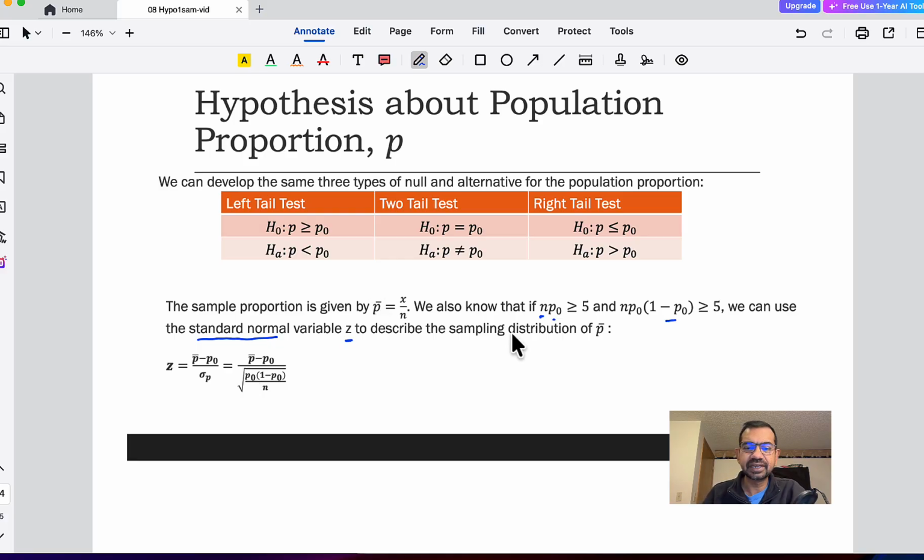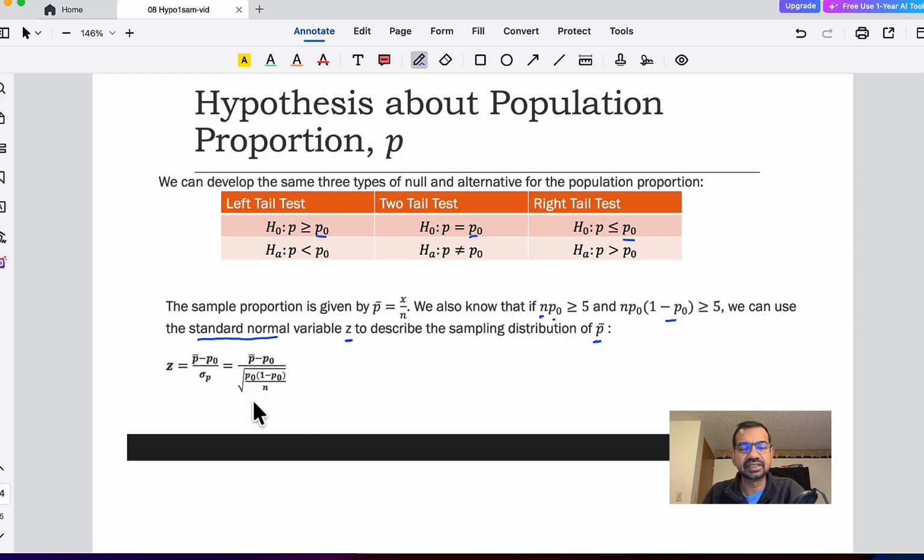Also notice here that even though we have p-bar, which is from the sample, and we do not know the population proportion's variance or the standard error of the population proportion, the fact that we are working with a postulated value p naught, whether it's a two-tail test or a right tail test or a left tail test, means we can make use of p naught in calculating the standard error of the population proportion.